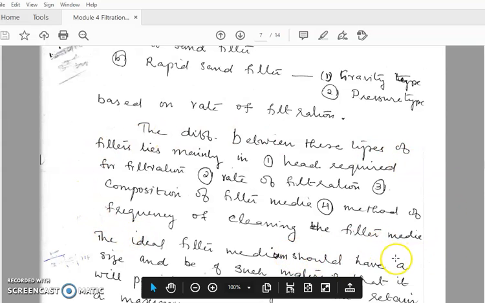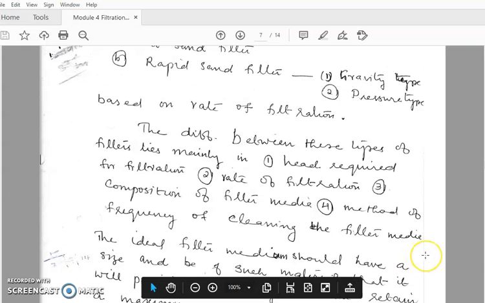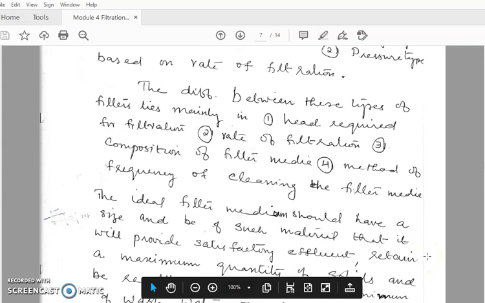Okay. Now what do you mean by media? What is the medium we are using here for filtration? We all know that the filter media, that is the medium through which the water is passing, is nothing but the sand. But this sand should have certain properties.